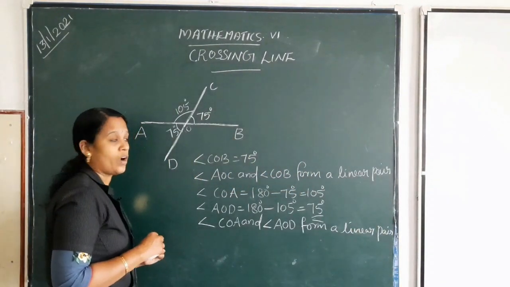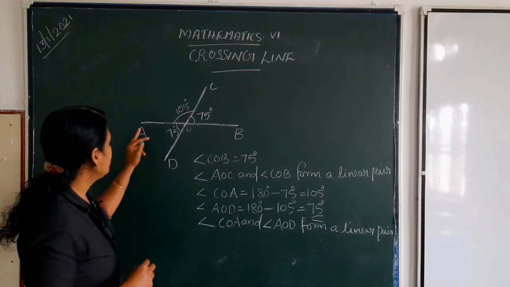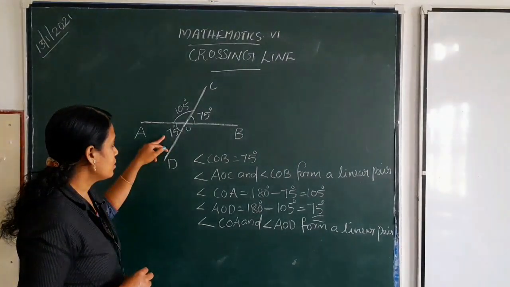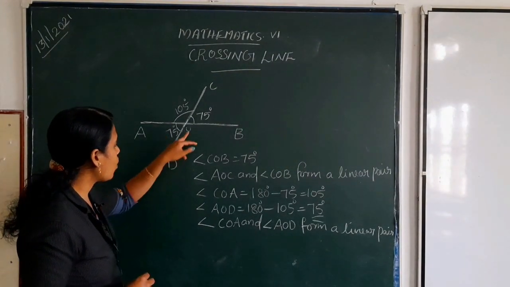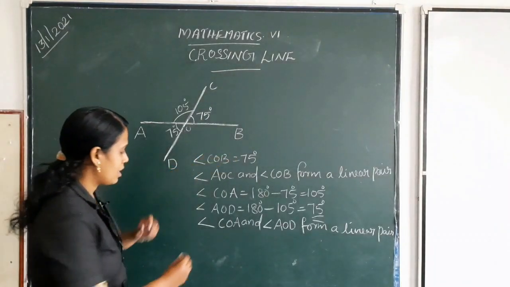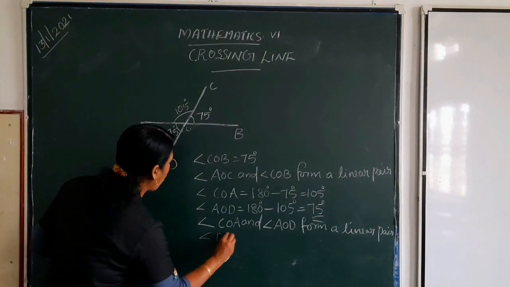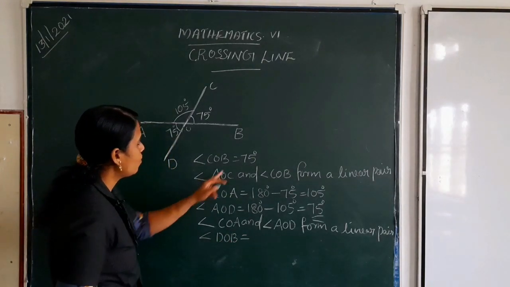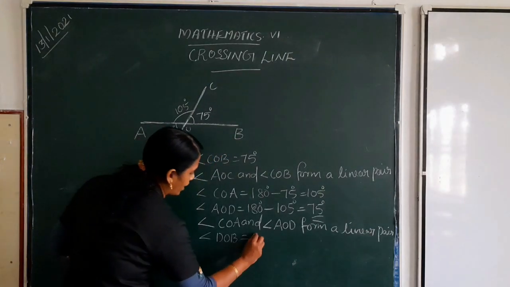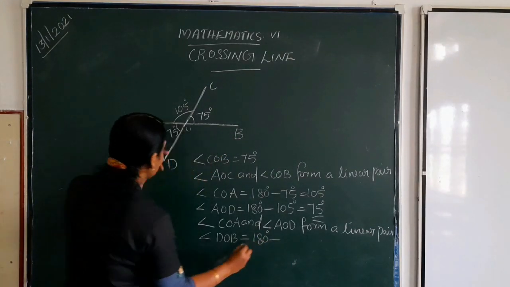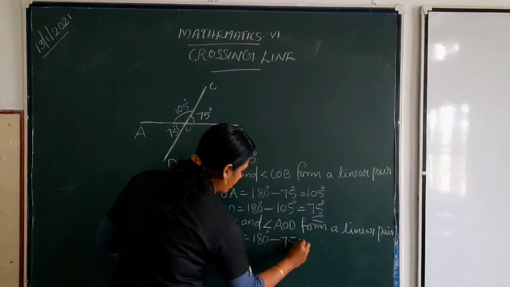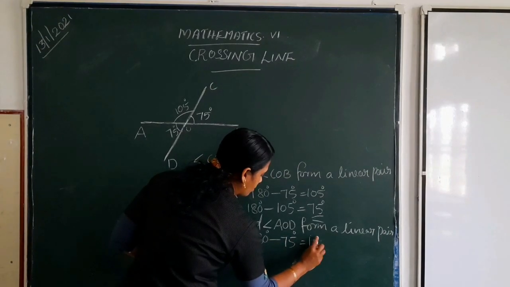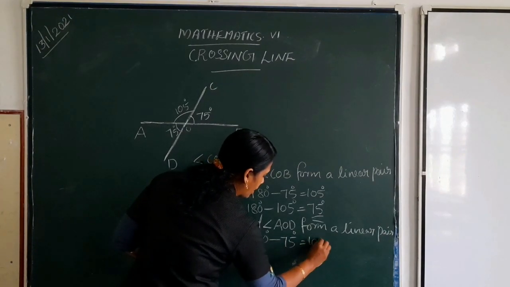Okay, the next one, angle AOD 75 degree. So how much is angle DOB? Angle DOB is equal to, here also 180 degree. So 180 degree minus 75 degree is equal to 105 degree.